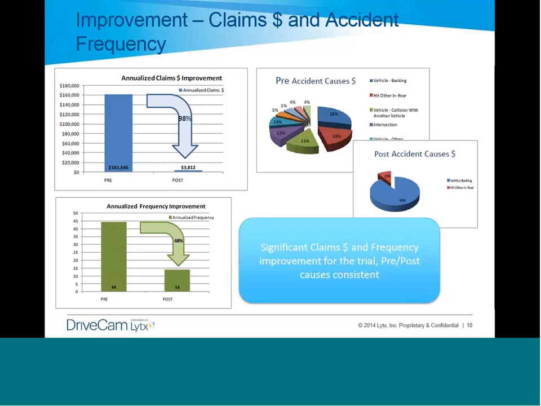And then on the right, the other benefit of a best practice safety program and the effects of the business case is that when you do that pre-cost and claims assessment to post, you can start narrowing in on the behaviors that are costing you the most and getting those out of the equation. On the pre-accident causes, you'll see there's a variety of causes at a variety of cost factors.